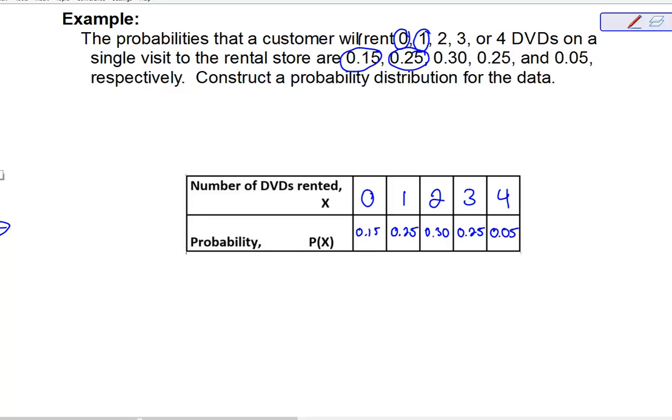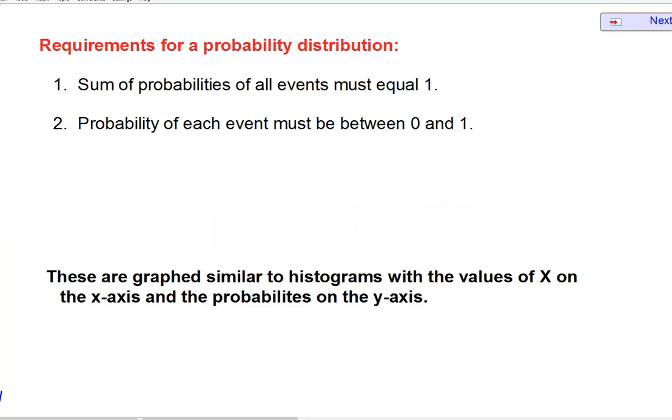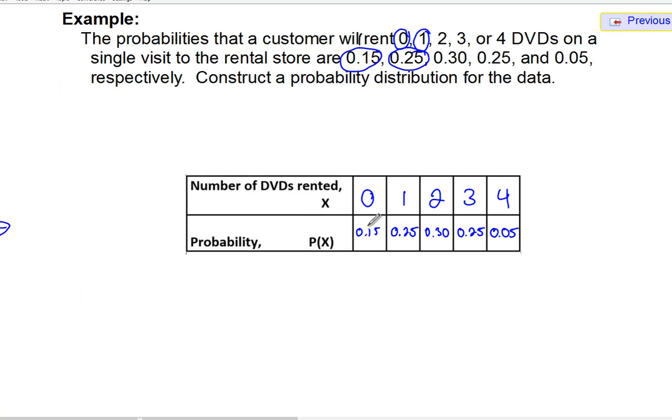There are some requirements for a probability distribution. One thing to remember is that the sum of the probabilities of all events must equal 1. Now if we go back over here, if I add all of these up, they should equal 1. So if I come down here and say that 15 plus 25 is going to be 0.4, and then I add that to 3/10, that's going to be 7/10.